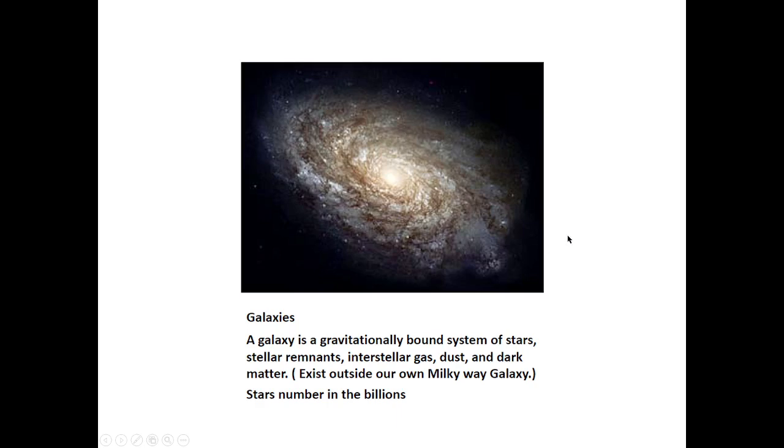They vary in size, shape, density, and age. So for as many billions of stars that we have in our own Milky Way, there are many other galaxies out there, mostly drifting apart. Some are coming towards each other with the universe expansion.